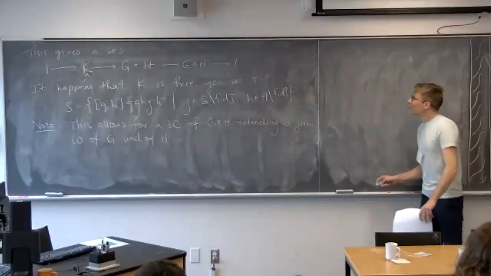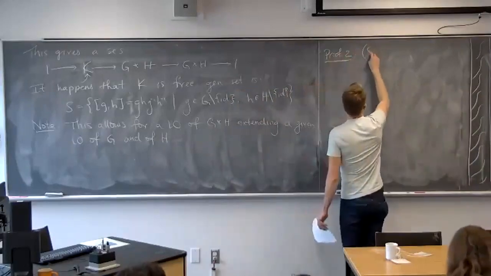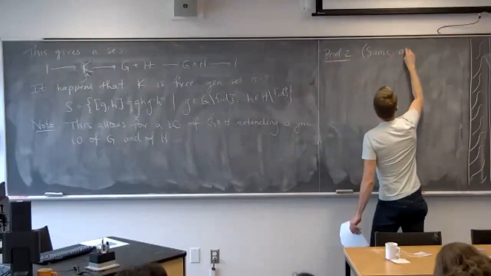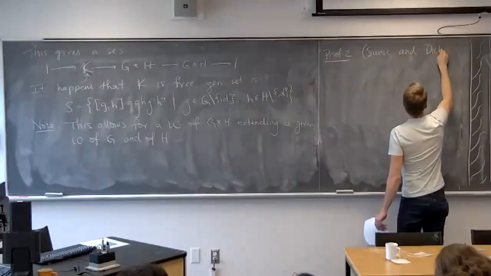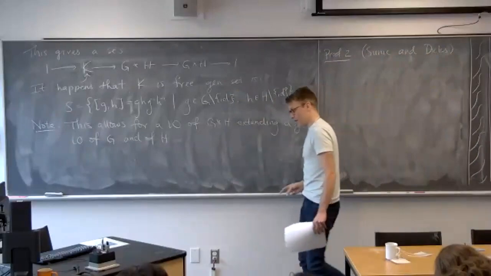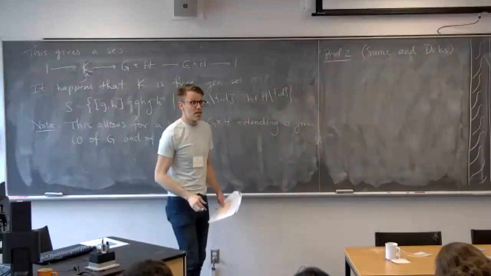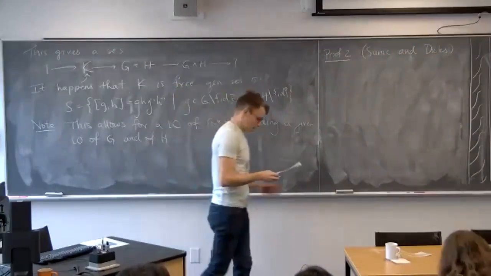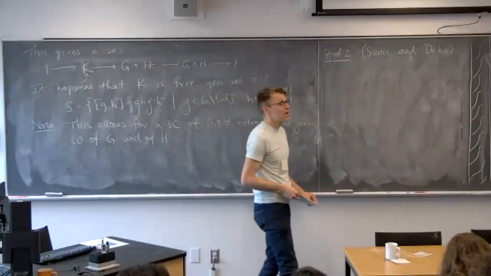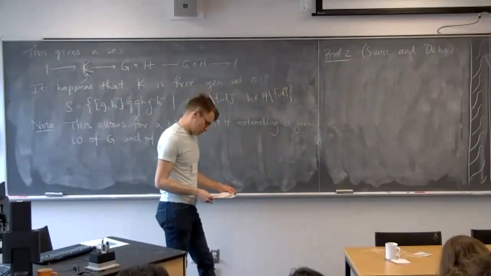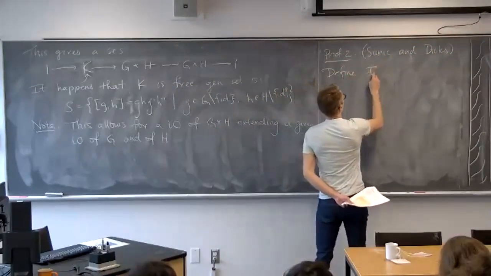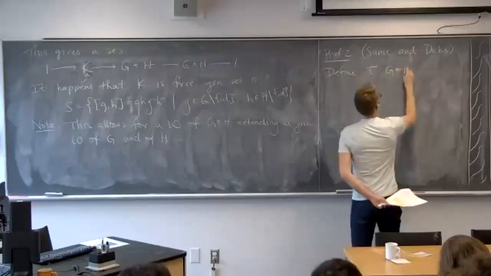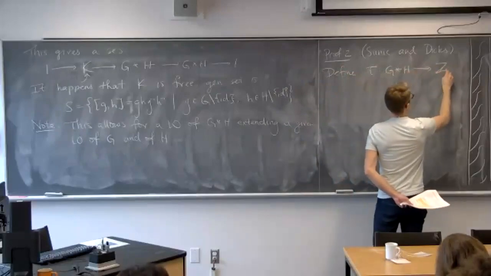Proof two. This is definitely not by me. This is Sunic and Dix and their method, which works in much more generality than what I'm going to say. This is just for free products. So what I want to do is tell you a function now, tau, which goes from here to the integers.